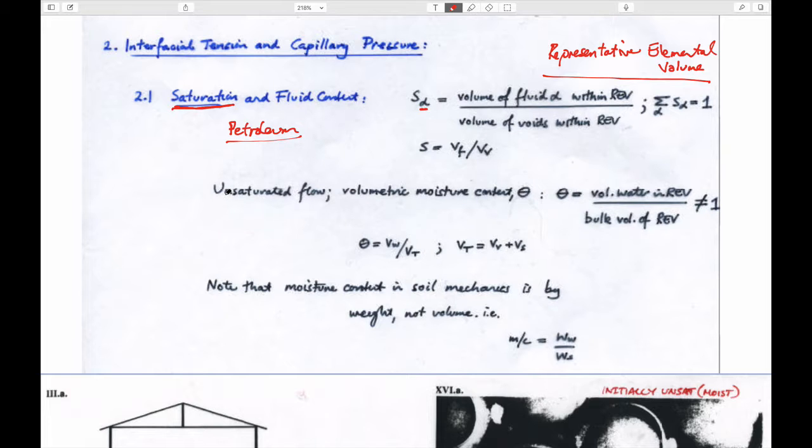If you look at other branches of groundwater hydrology, for instance soil physicists and sometimes groundwater hydrologists, their definition of volumetric moisture content is slightly different. It talks about the volume of that fluid divided by the total volume, not the volume of voids. So it's different by terminology.